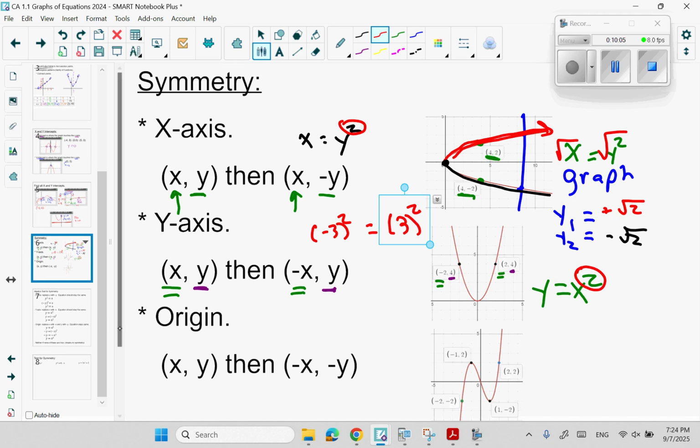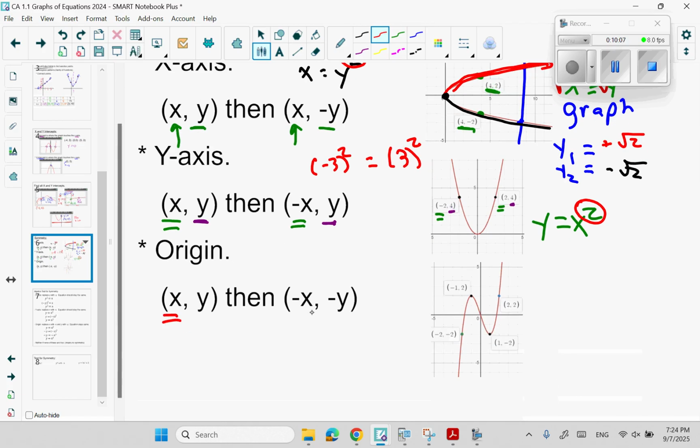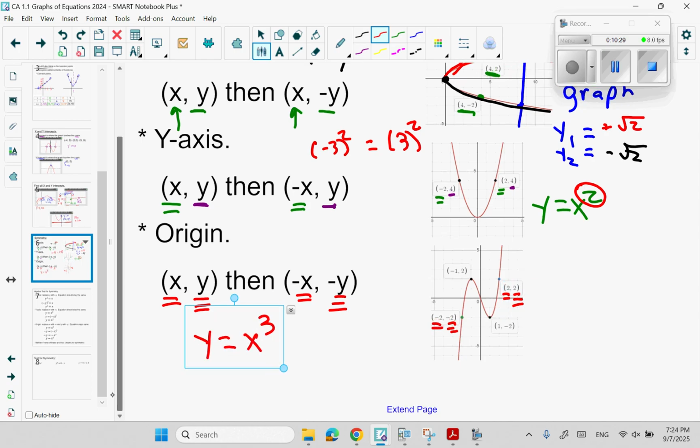The origin is when both coordinates get flipped. So, for example, 2 becomes -2 for the x's, and 2 becomes -2 for the y's. A very similar equation to this is our parent function y equals x cubed.